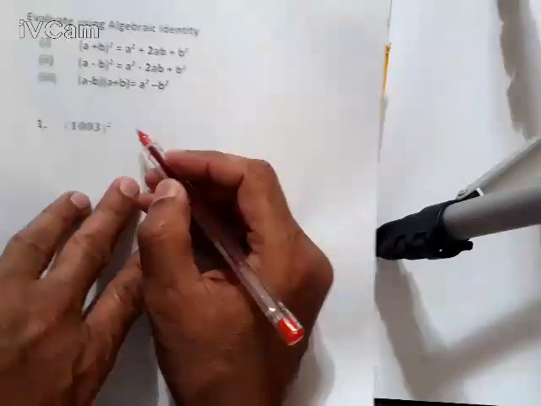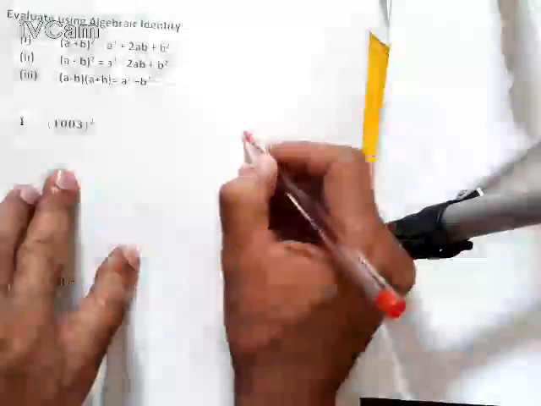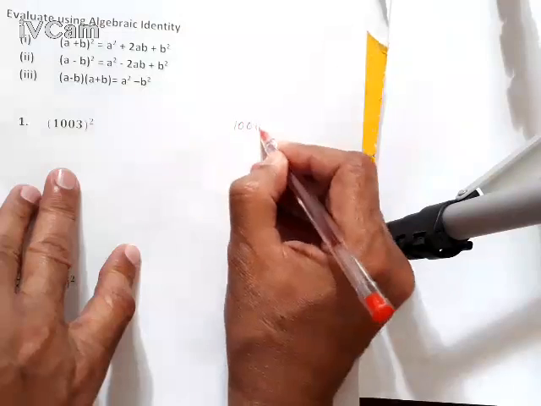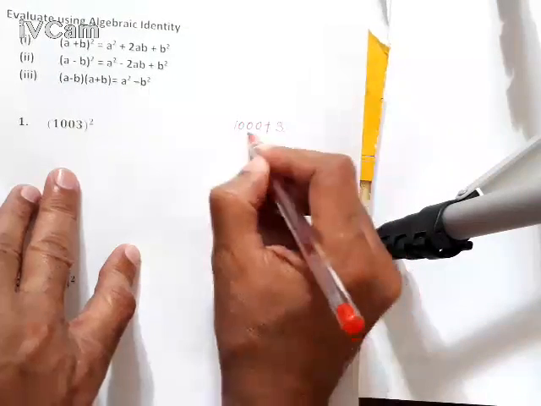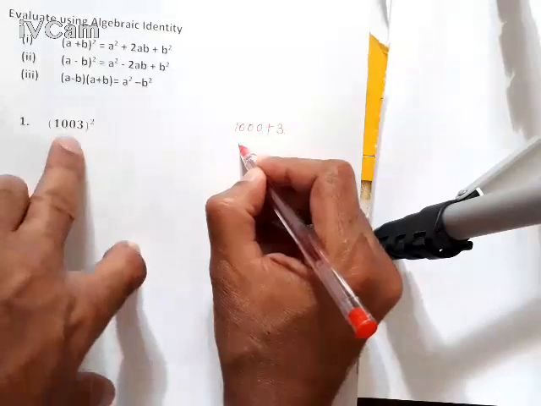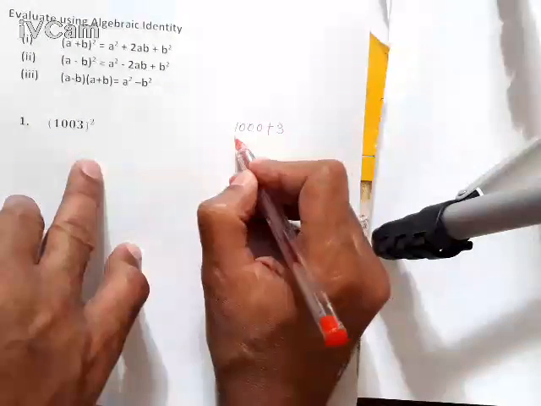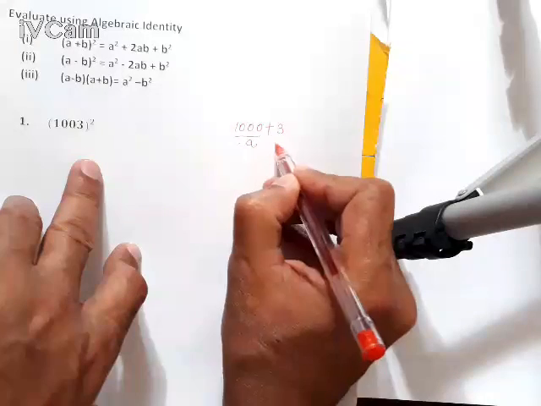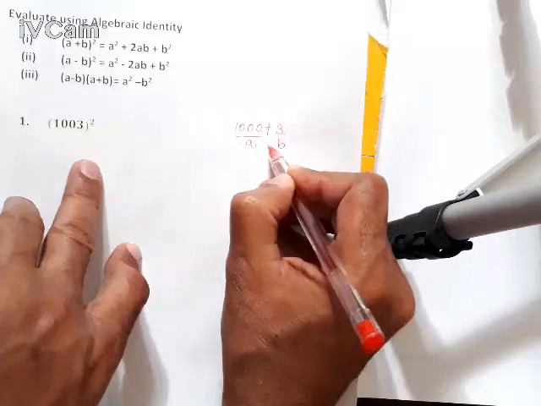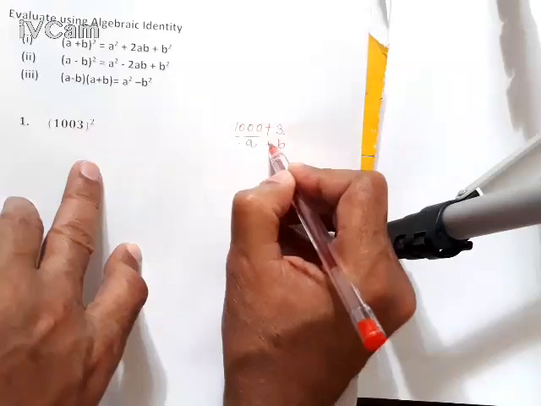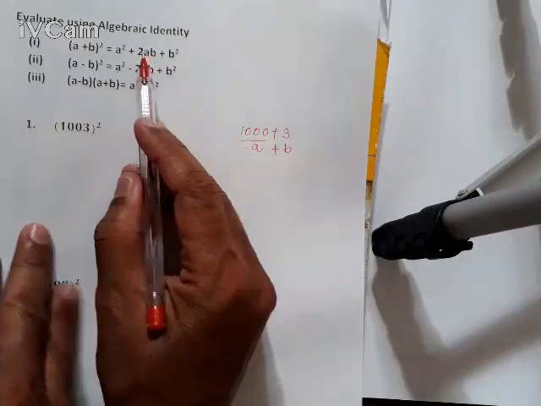Now if we split the inner value, it will be 1000 plus 3, and when we add, it's 1003. So if it is 1000 plus 3, this shows the value a and this shows the value b, and inside the bracket there will be a plus sign. So that means we have to apply the first identity.